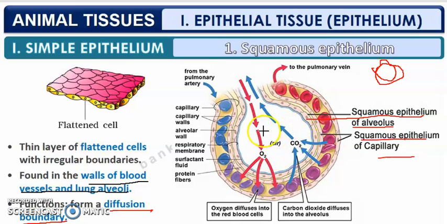So what happens? The oxygen reaching the alveoli will pass through it into the capillaries. And the same way, the capillary squamous epithelium will help the carbon dioxide get released from the blood. Clear? So this is how the squamous epithelium is helping the exchange of substances, or it acts as a diffusion boundary. Clear? Okay, children. So this is about the squamous epithelium. Let us move on to the next type.